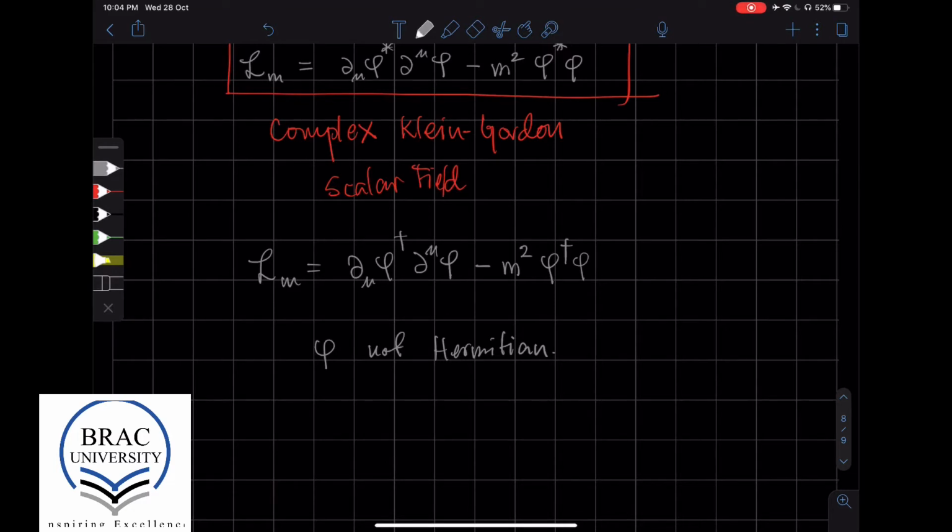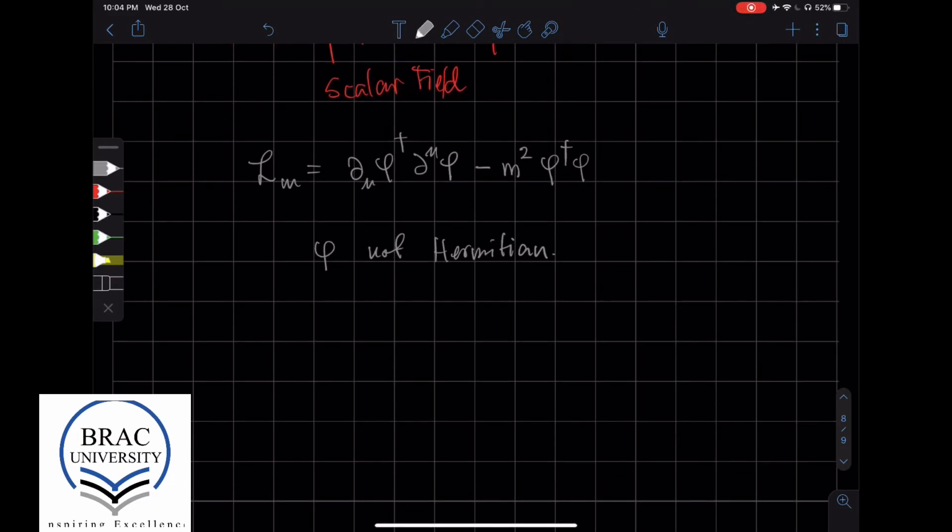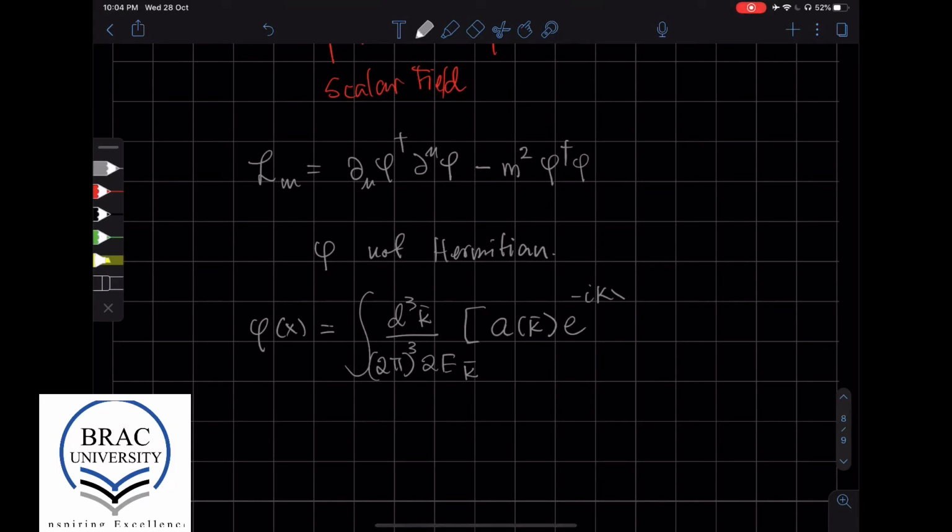Now we can express the classical mode expansion, for example, of such a complex scalar field. It's going to have the form: this is the relativistic invariant measure, and then we'll have a of k e to the power minus i kx.